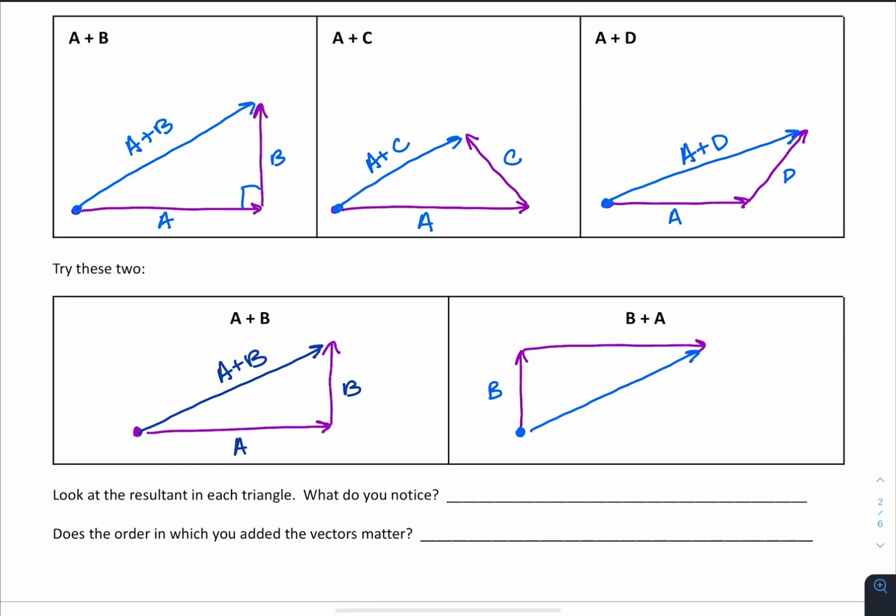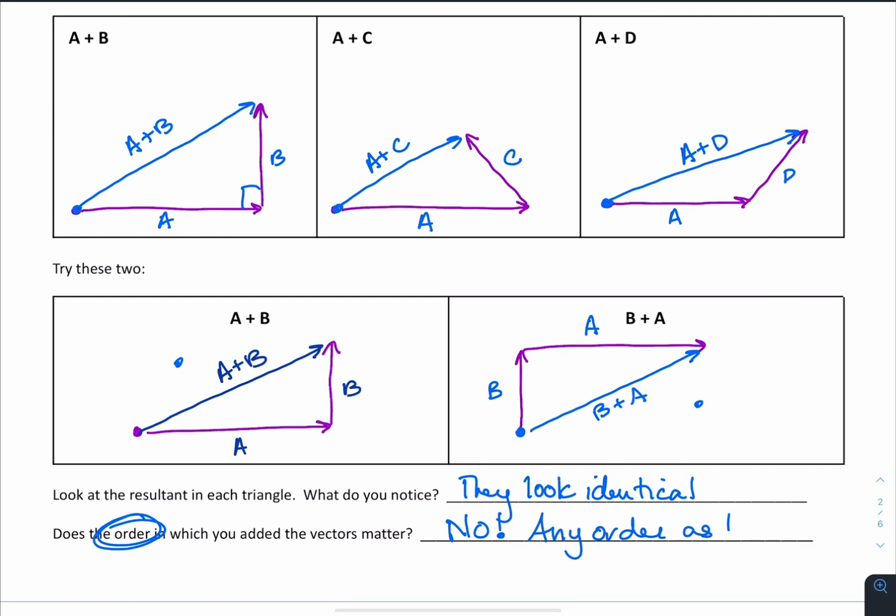So we still have B, A, and we would call this B plus A. If you look at the resultant here and here, what do you notice? Well, to me, they look identical. What that means is that the order in which you add the vectors does not matter. Any order, as long as tip to tail. We saw that with our find the x activity, where it didn't matter what order we put those directions in, we were still able to reach the end position, the x.